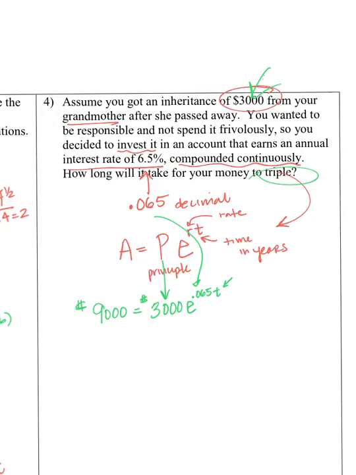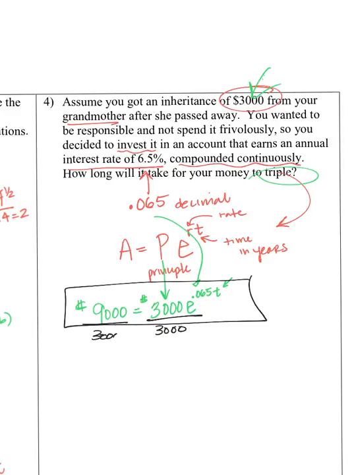So we have this exponential equation to solve. We can get rid of this 3,000 first by dividing by 3,000. So we're going to get 3 equals e to the 0.065t.